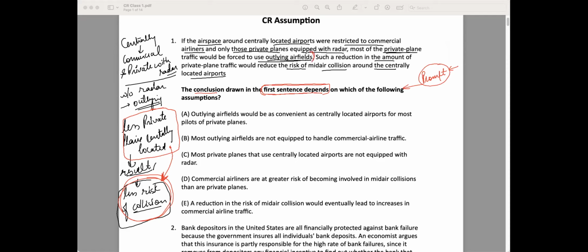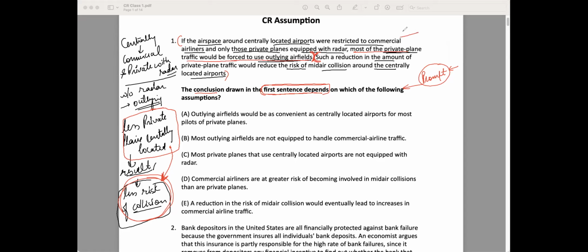We have the first sentence till here, and then this is the second sentence. So in the first sentence, what claim or conclusion is being made? That most of the private plane traffic will be diverted to the outlying airfields. Yes. Most of the private plane traffic would be forced to use outlying airfields.